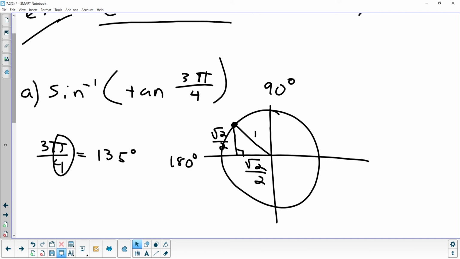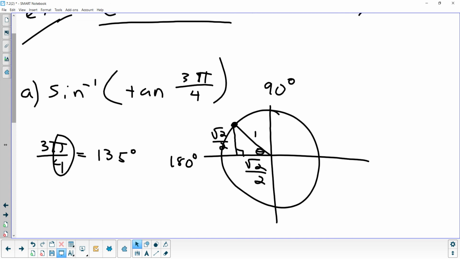Now we're looking for the tangent. If you remember the formula for tangent, you could think of theta as right here. It's opposite over adjacent. Well, you know the opposite, you know the adjacent. You could also think of it as y over x. Same thing. Now we have to be careful because this is in quadrant 2.